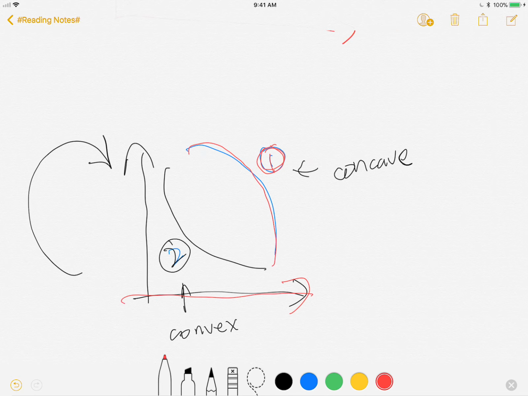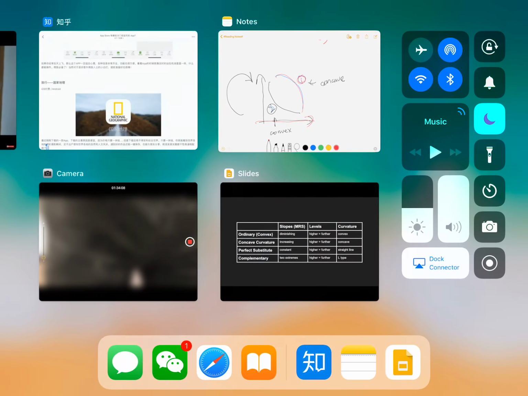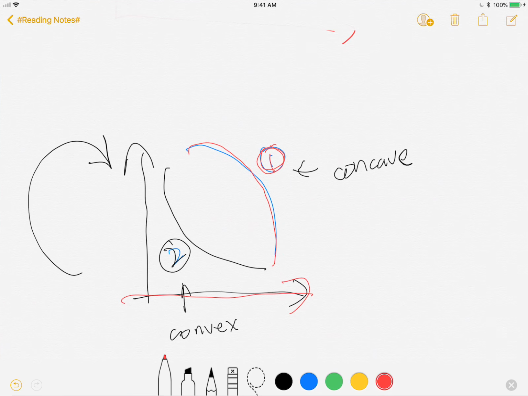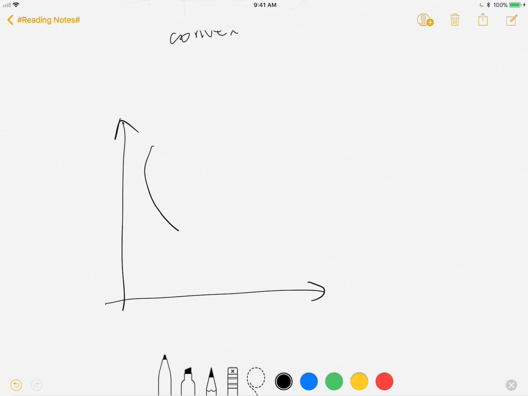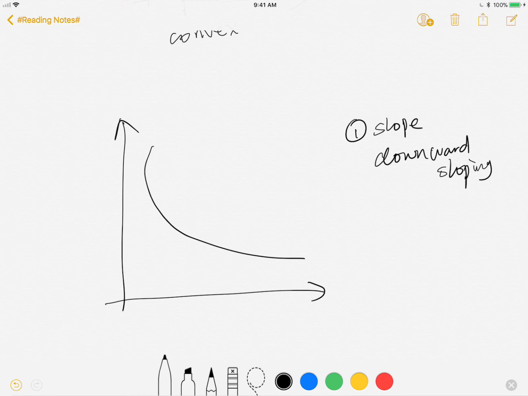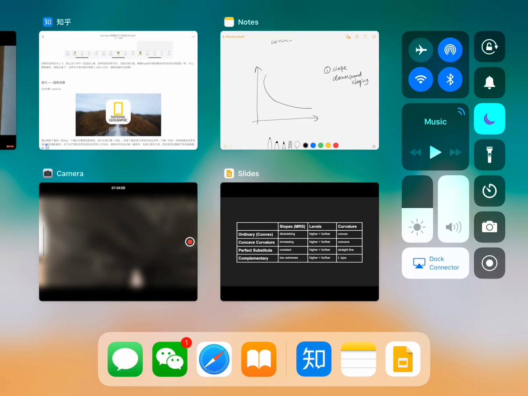So actually, let's go to this. For this curve, first we want to discuss the slope. Is this downward sloping or upward sloping? It is downward sloping, right?